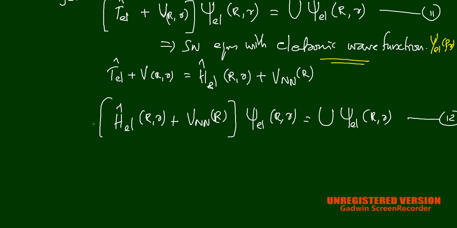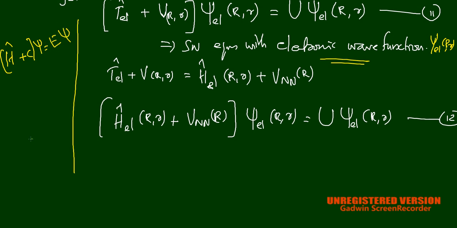For example, you have a Hamiltonian. Let me write it on the side. You have a Hamiltonian here. I write it in another color. You have a Hamiltonian here, Hamiltonian plus c, psi is equal to E psi. Okay, this is your equation.